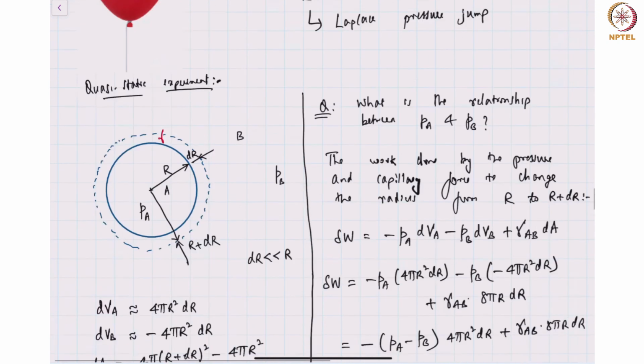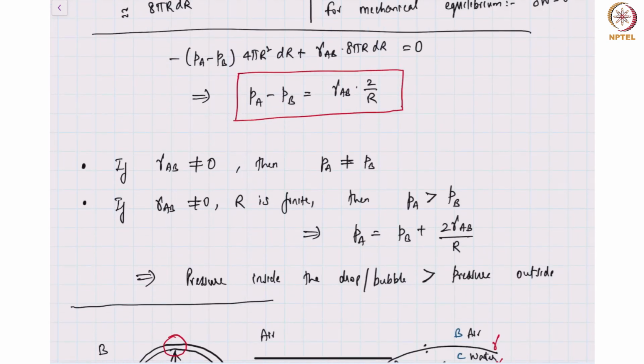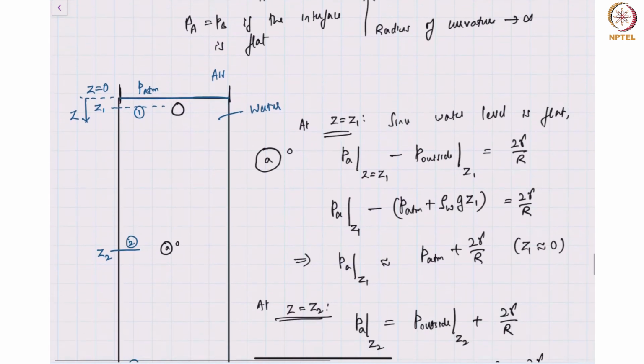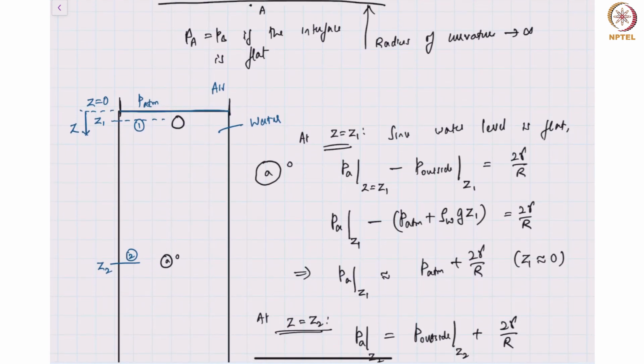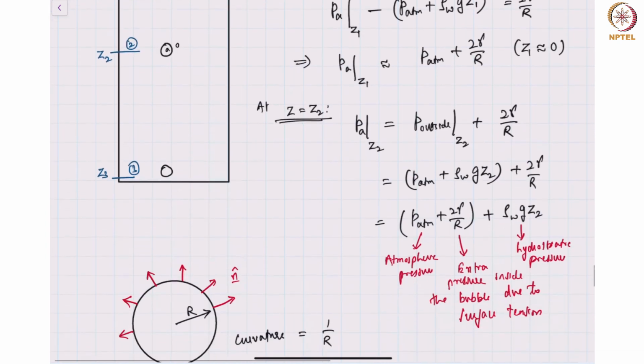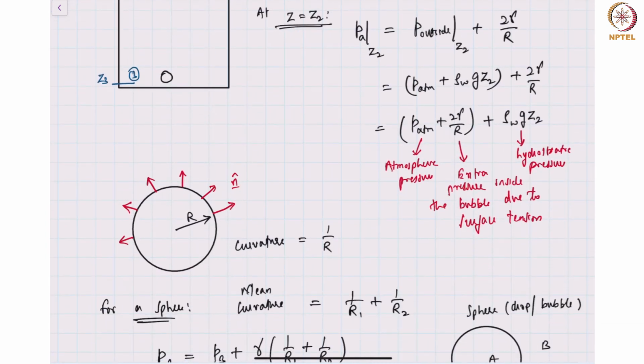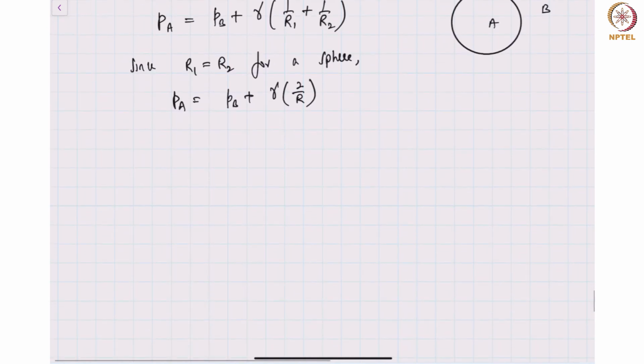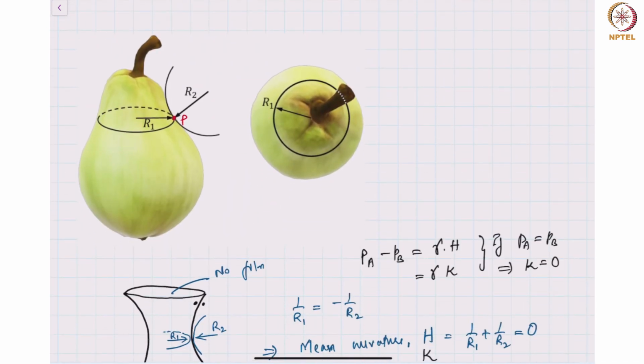This is a very important result, where we find that if you have a curved surface and the net curvature is non-zero, and you have surface tension, then the pressure across the surface is always non-zero. So if you think of a bubble or a droplet, then the pressure inside is always higher than the pressure outside, as long as the curvature is non-zero. We also contrasted how this pressure is different from hydrostatic pressure.